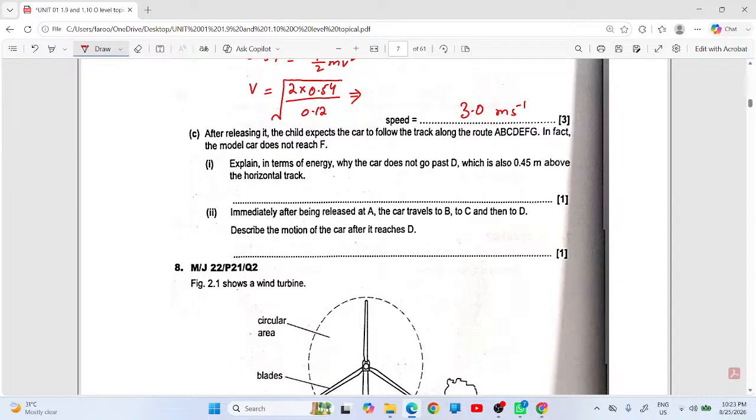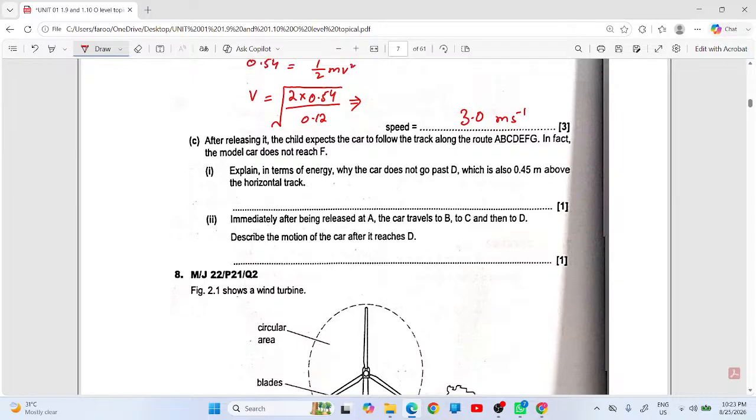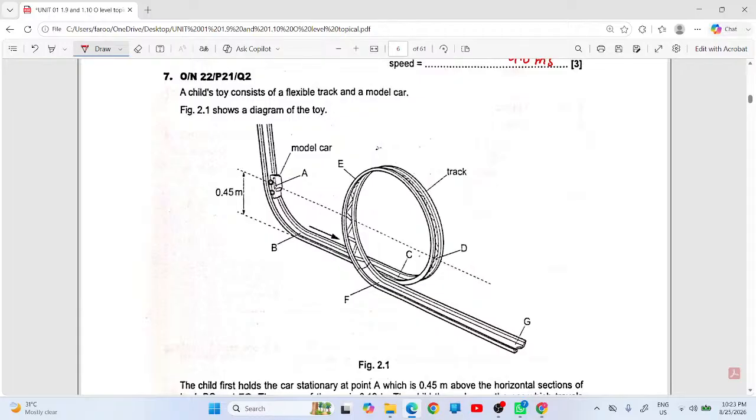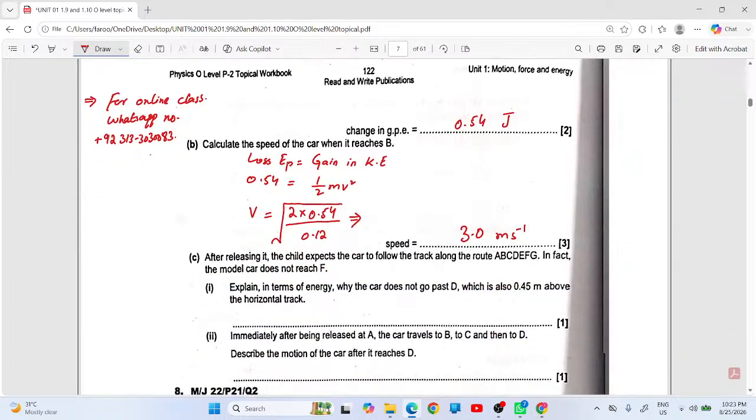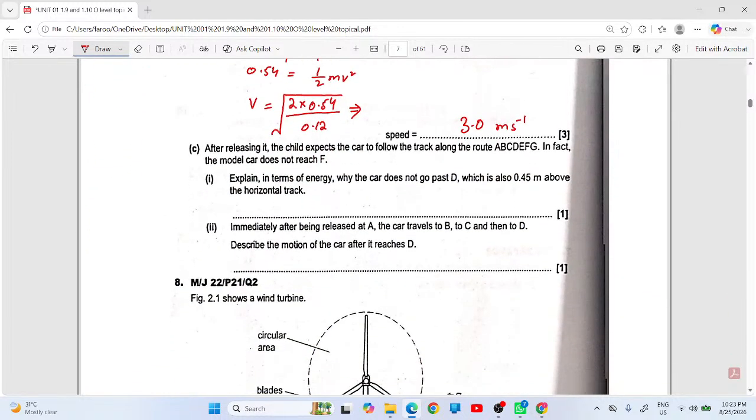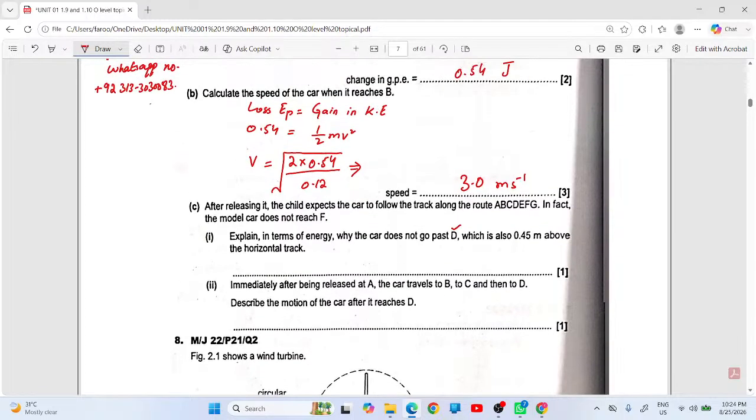In fact, the model car doesn't reach F. Explain in terms of energy why the car does not go past D, which is also 0.45 meter above the horizontal track.